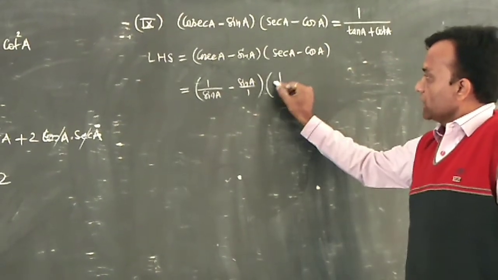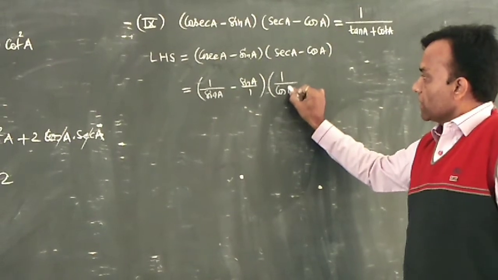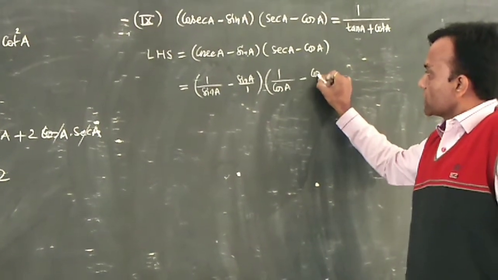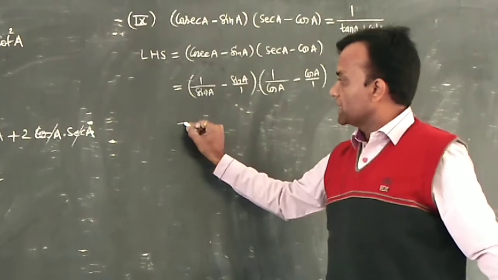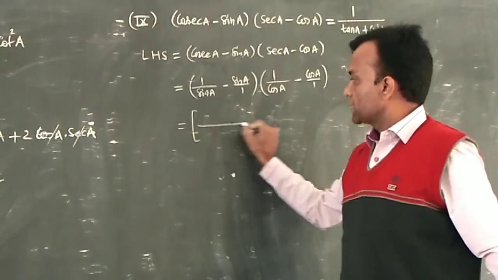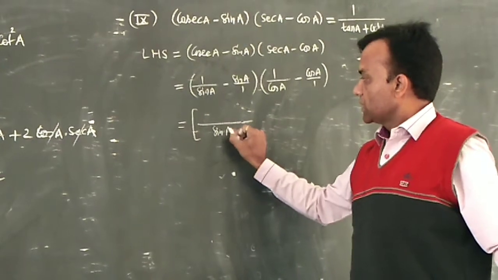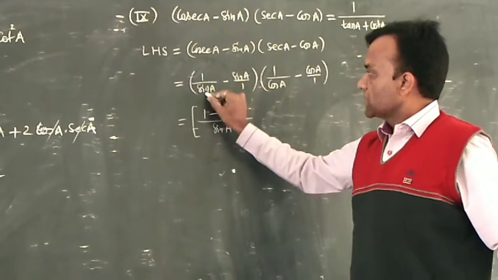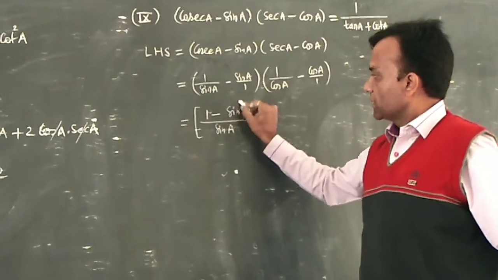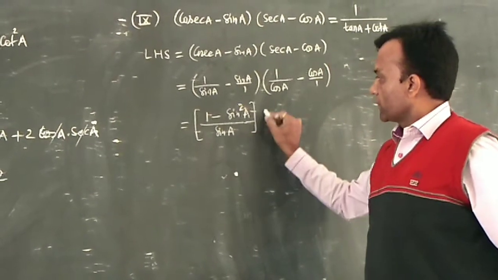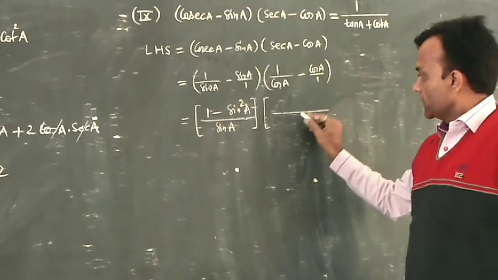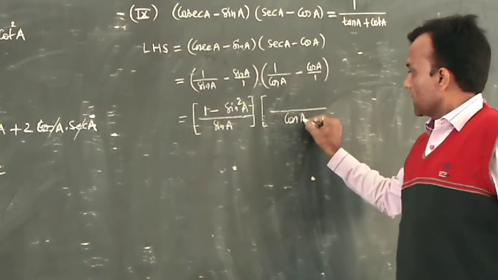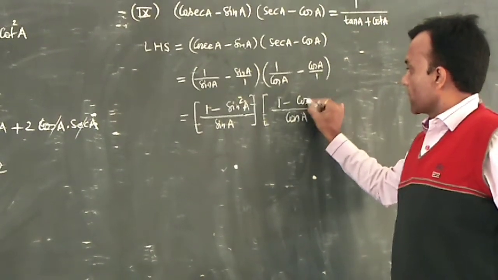Similarly, sec A is 1 by cos A, and cos A you put as it is. Then we take the LCM in the first bracket. Your LCM is sin A, and then 1 minus sin square A, upon sin A. Similarly, in the same way we take the LCM cos A, then you have 1 minus cos square A.